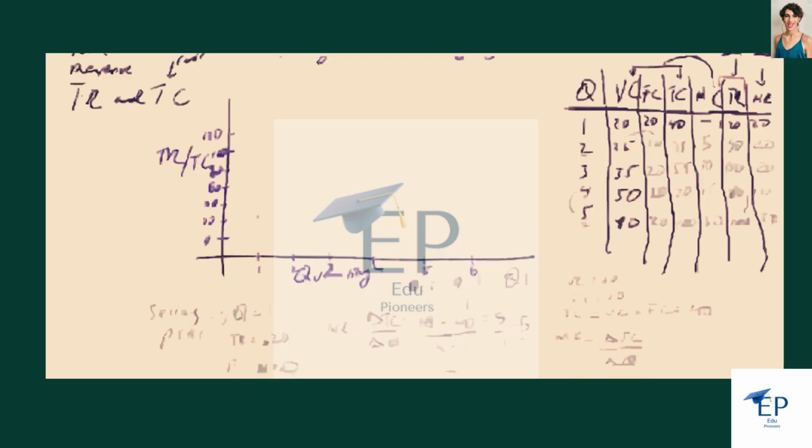You have 1 and 20, you have 2 and 40, you have 3 and 60, you have 4 and 80, you have 5 and 100, and so on and so forth.